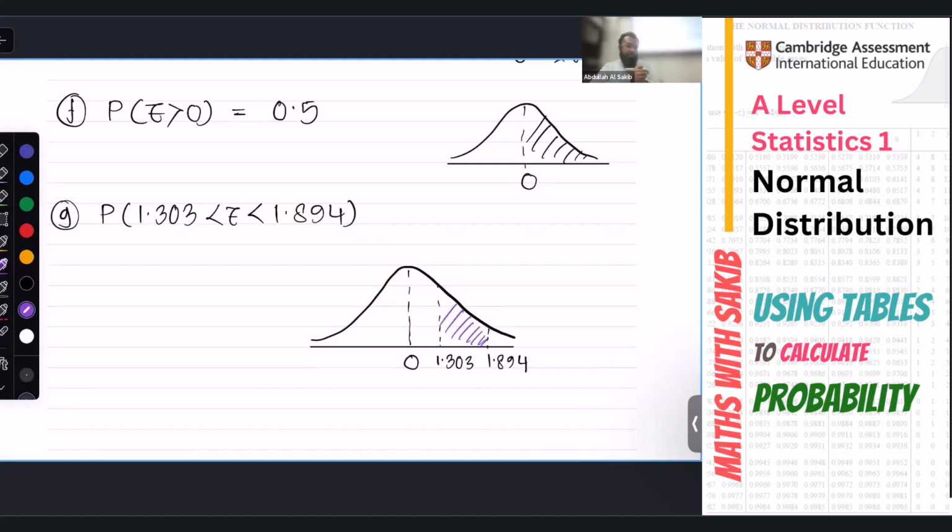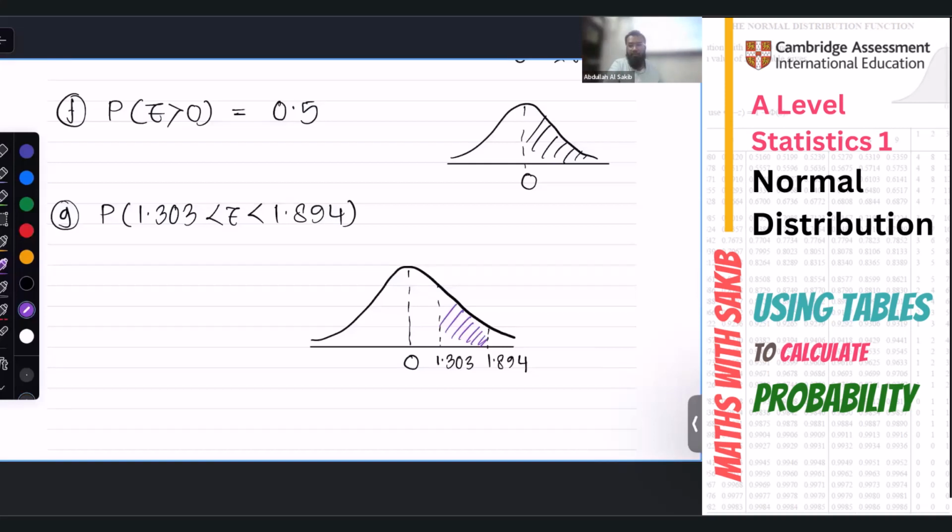So if I ask Huzaifa, how to find this area? 0.5 minus 1.303. Okay?